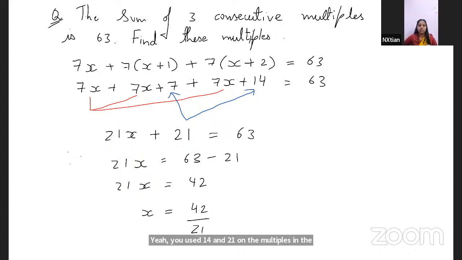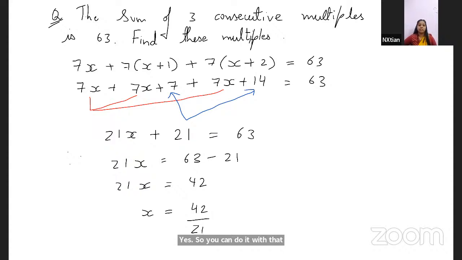I used x plus 7 plus x plus 14 equals 16. So what are the multiples that you are getting? 14, 21, and 28. All right. Yes, so you can do it with that method.